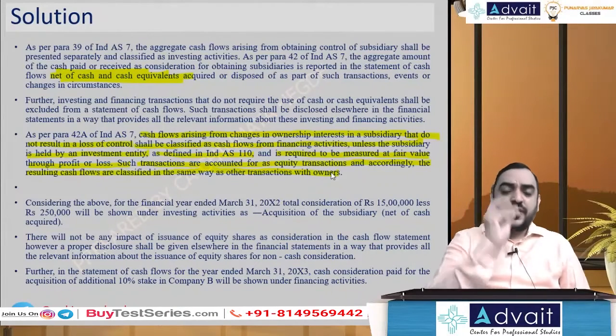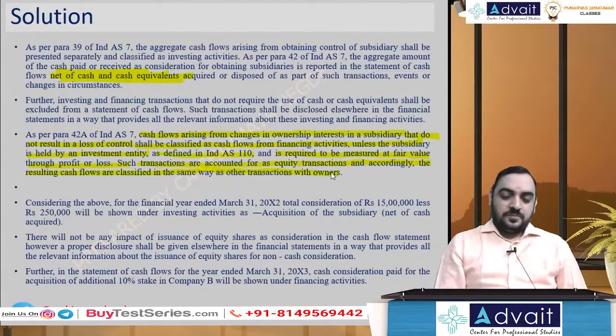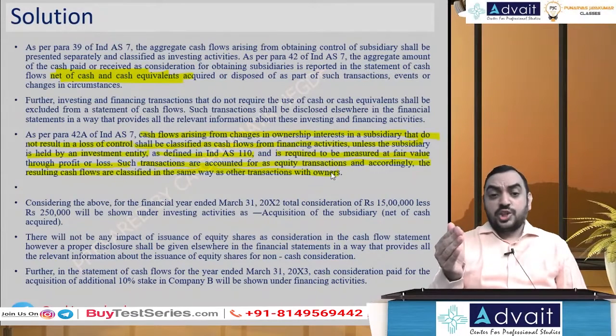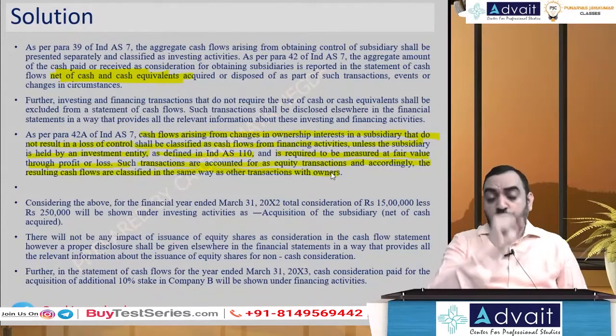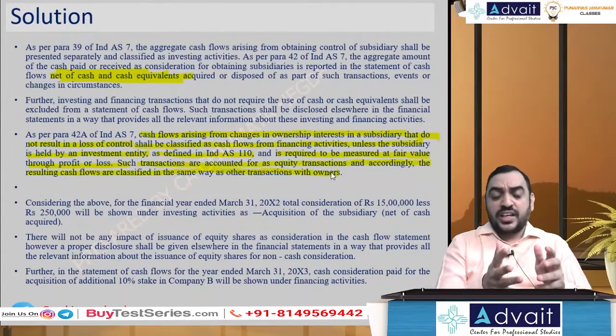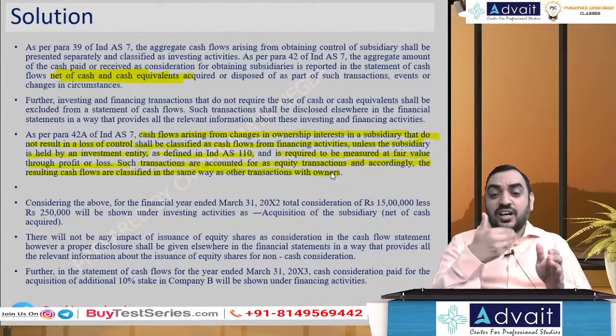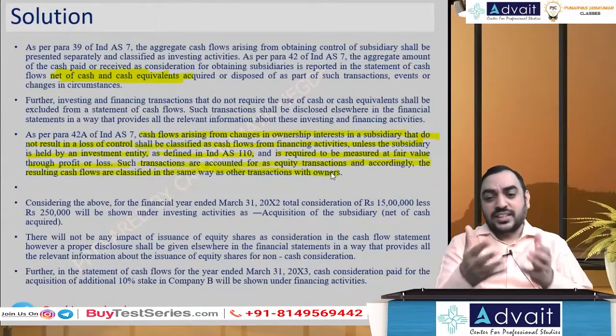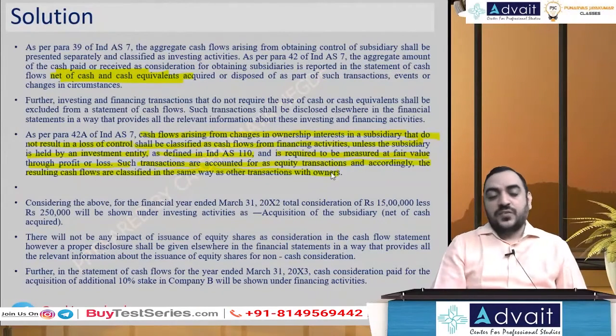Or will you report it as financing? Obviously, you will take it as financing activity, right? Issue of shares, buyback of shares, raising loan, all those things will be part of financing activities.